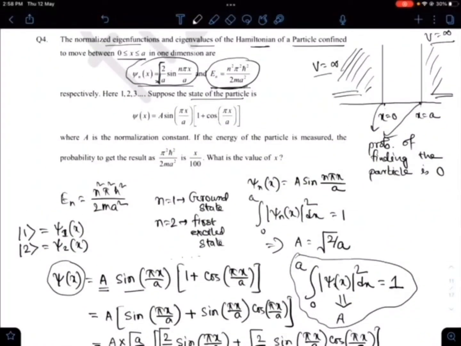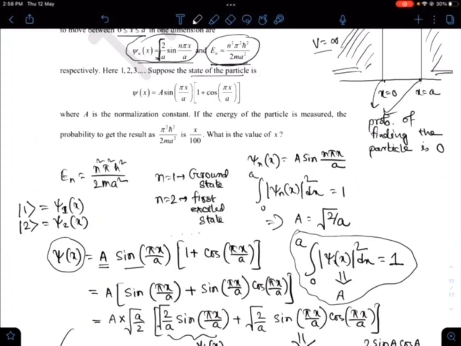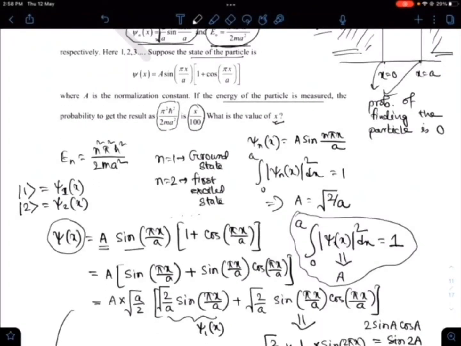Now the question states that if the energy of the particle is measured, the probability to get the result h cut square pi square by 2m a square is x by 100. So you have to find the value of x. This is the energy of the ground state.